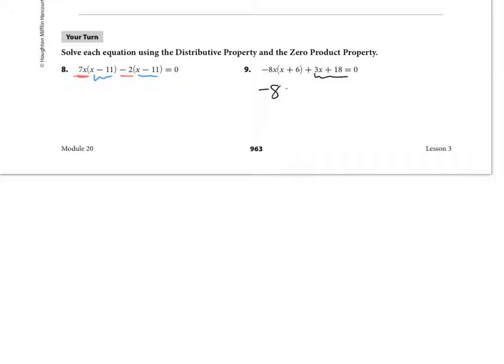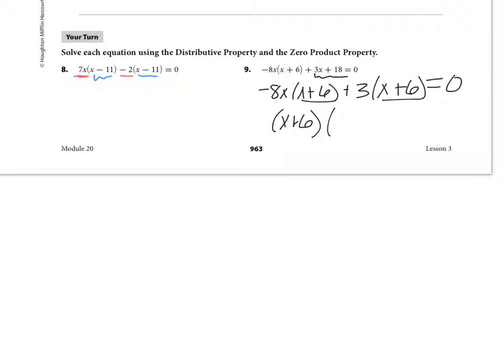So this now becomes negative 8x times x plus 6 plus 3 times x plus 6. So now I have this common factor x plus 6, so I'll bring that out. And then I group together what was out in front of those, negative 8x plus 3.